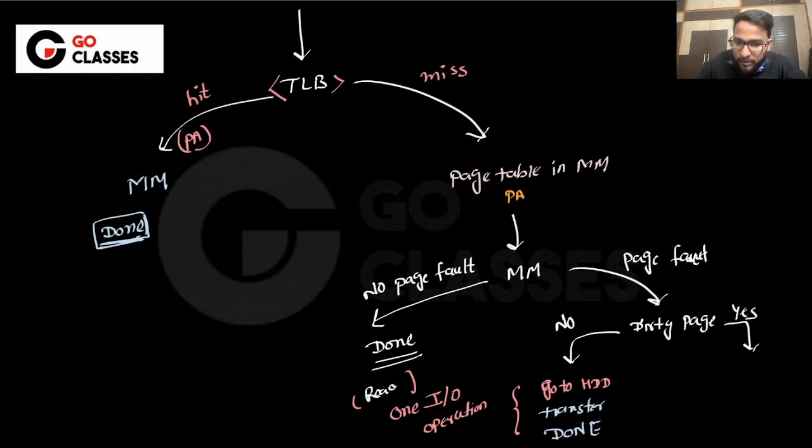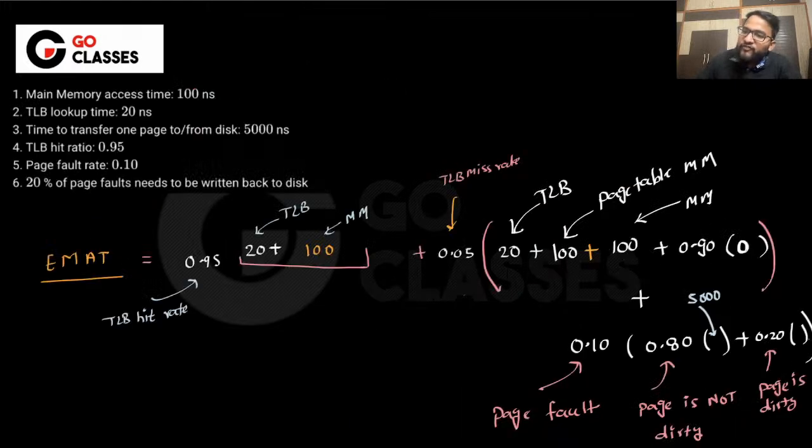But if the page is dirty, then there are two operations you need to do: write the dirty page plus read the required page. So it means you are going to take 5000 plus 5000.